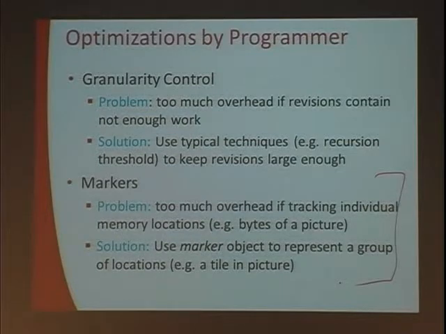In the case of our morph example, we did not have a read or write per pixel. We had our granularity set at the tile, and a read or write into the tile was captured and marked at that point. So there we have special objects in our library.